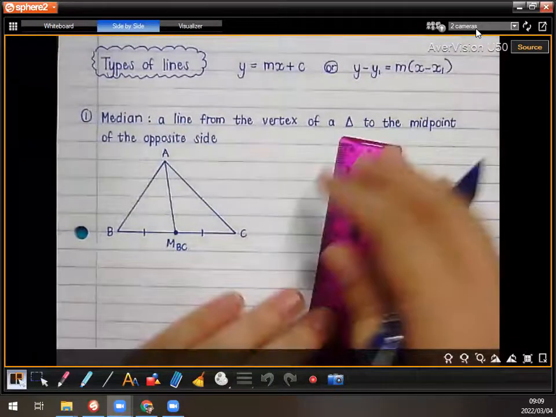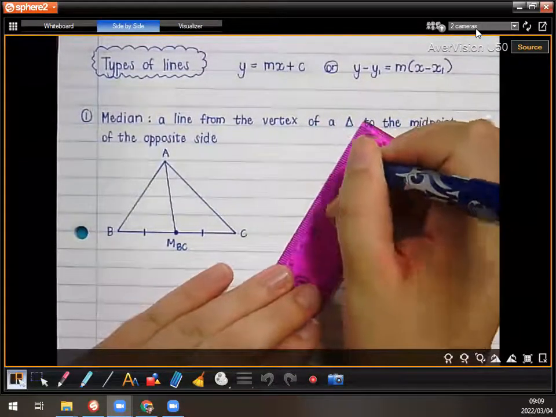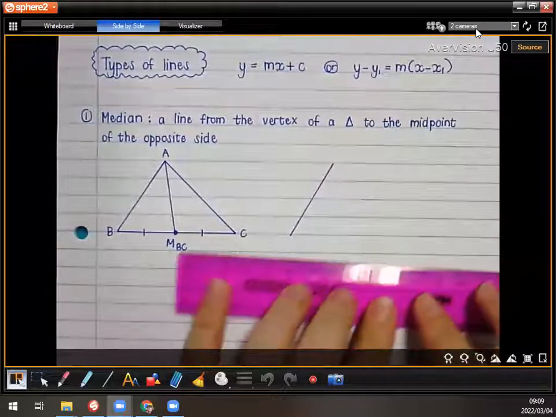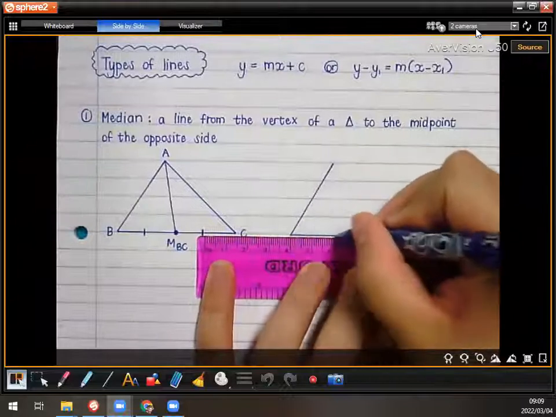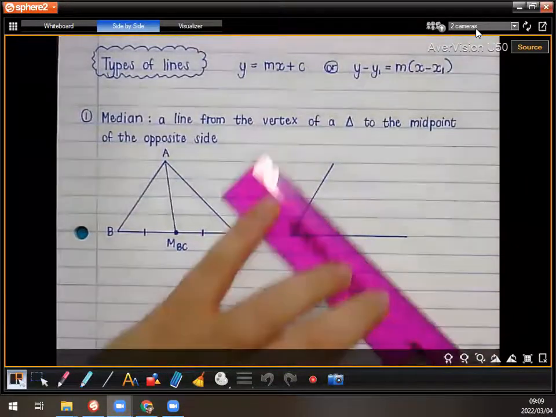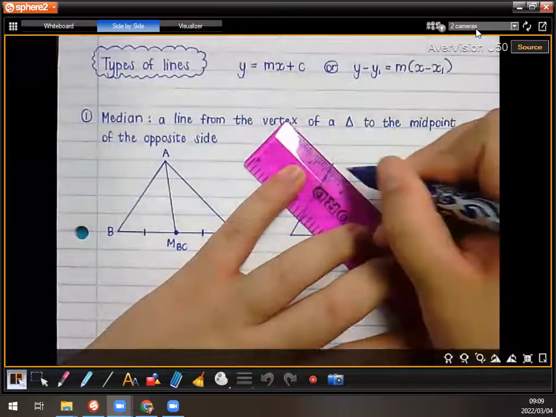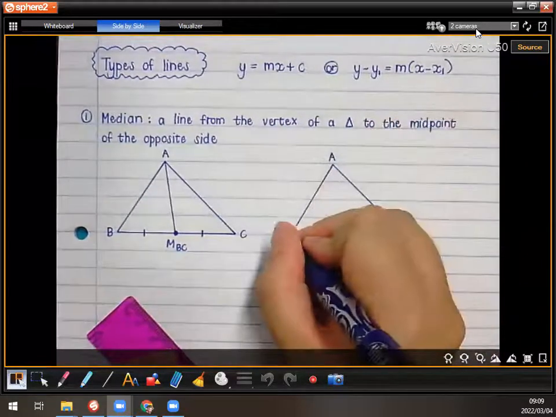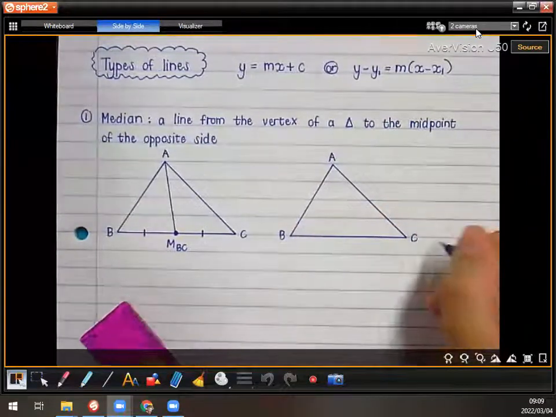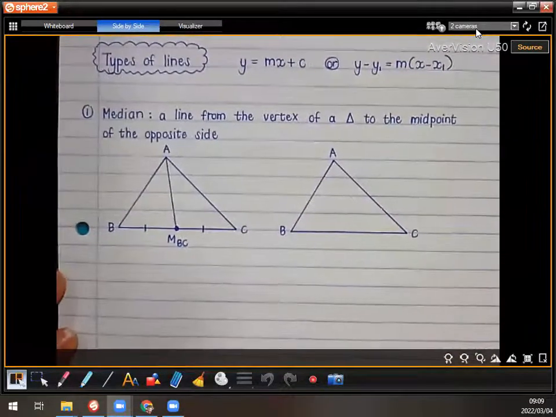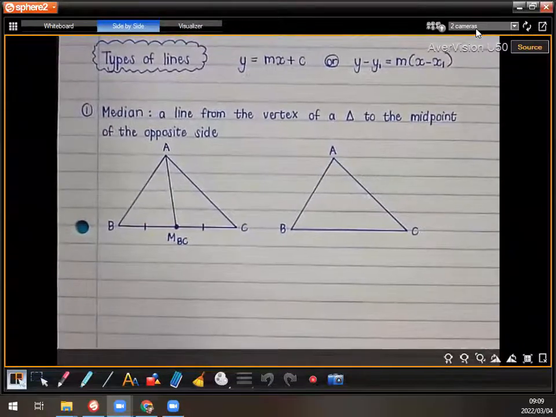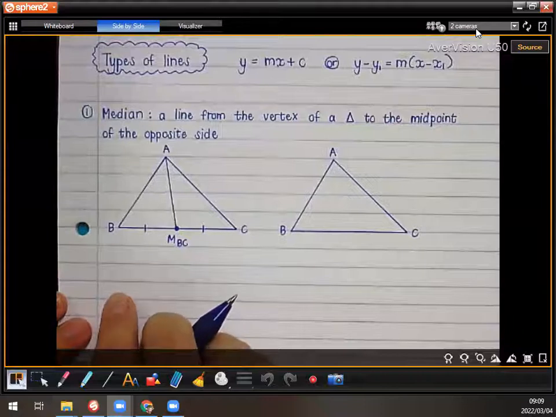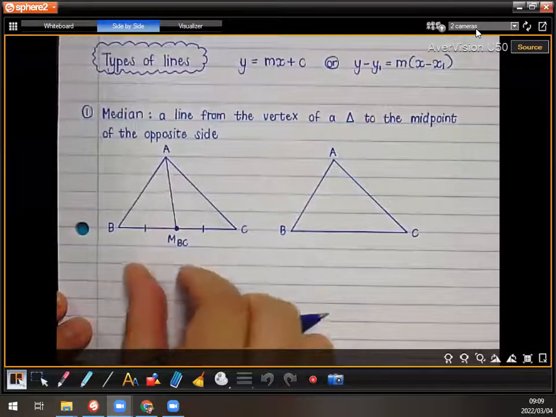Now let's draw the same triangle just next to it. It doesn't have to be exactly the same, but again, we're going to draw an ABC triangle. Now, I actually just want to write something here.